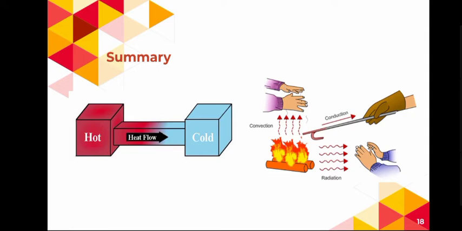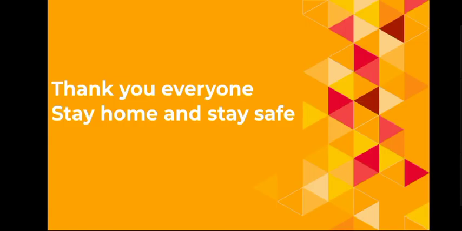Heat can be transmitted through empty space by thermal radiation. Radiation is a form of energy transport consisting of electromagnetic waves traveling at the speed of light, that you will learn in the higher classes.